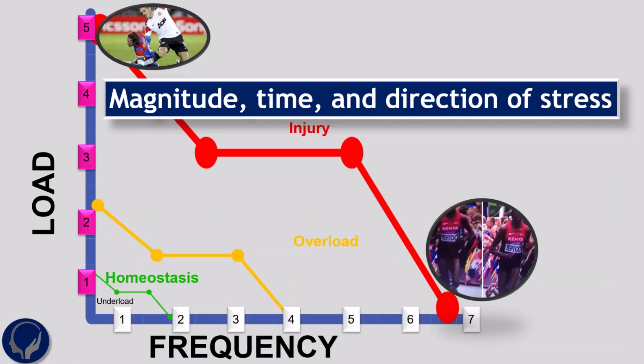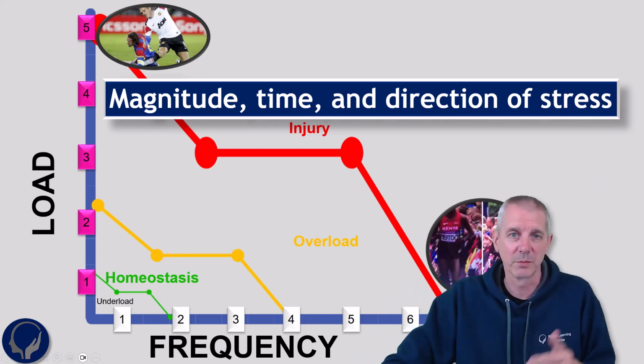So again, this is the envelope of function, but I'm superimposing the physical stress theory, which is magnitude of the load, the timing of the load, and the direction of the stress. In this case, you have high magnitude, short time, and in this case, you have low magnitude, but a high frequency. So you have a frequency problem here and a magnitude problem there, and that's why they're coming to see you.